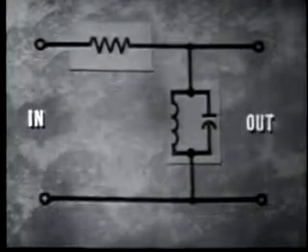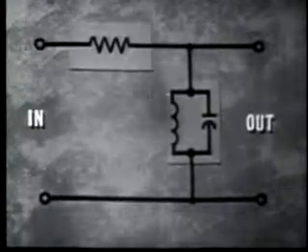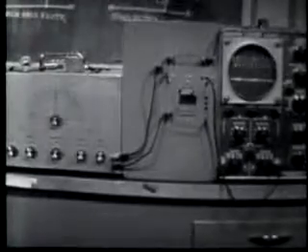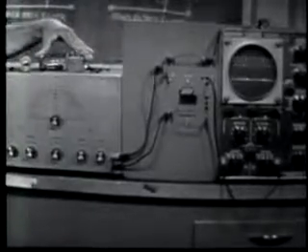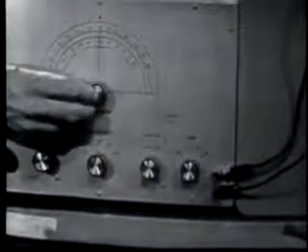Now, let's hook this up on our trainer and see what occurs. Remember, we'll be using an oscilloscope, a little breadboard trainer, and a signal generator for our demonstrations, as we did in the earlier lesson. The input frequency taken from this signal generator is applied directly through these connectors up to this point on our little trainer.